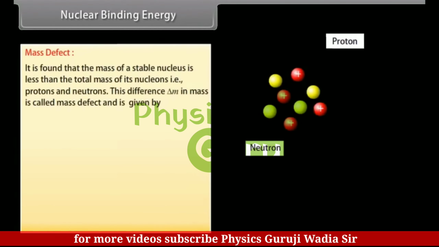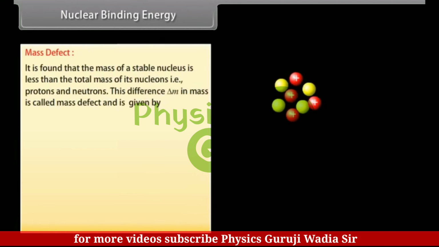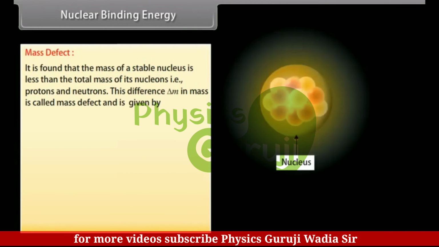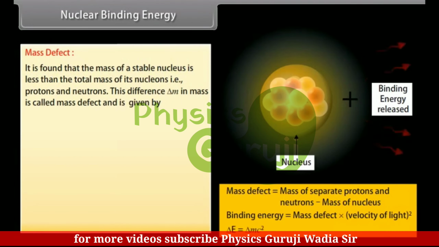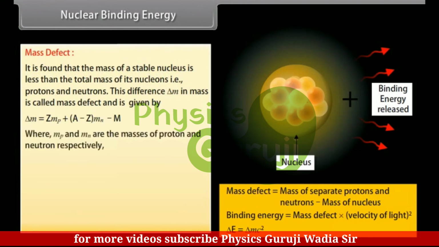It is found that the mass of a stable nucleus is less than the total mass of its nucleons, that is protons and neutrons. This difference delta m in mass is called mass defect and is given by delta m is equal to [Zmp plus (A minus Z) mn] minus M, where mp and mn are the masses of proton and neutron respectively.